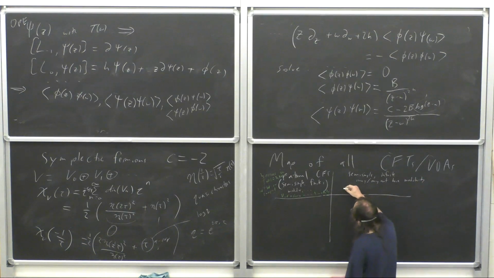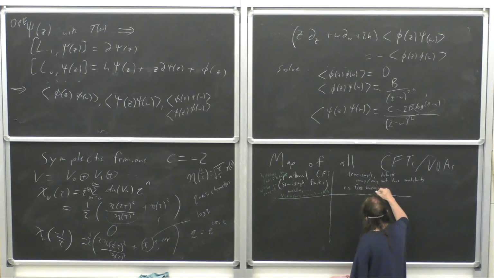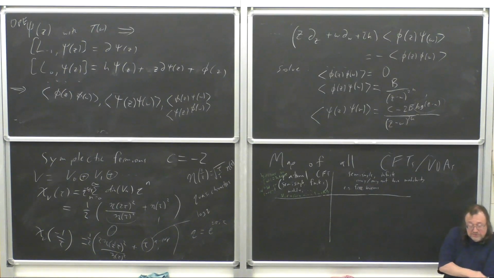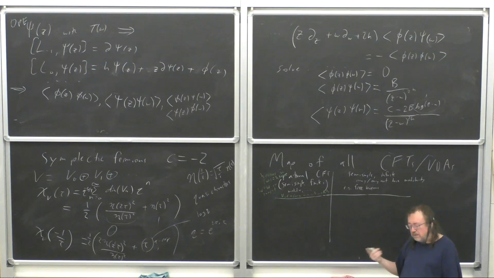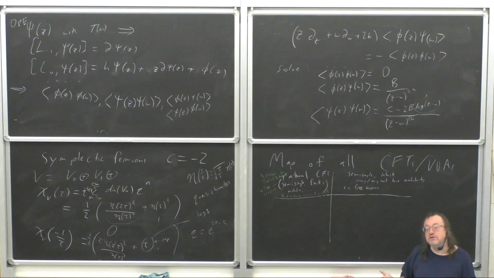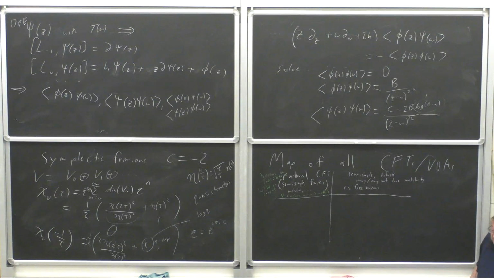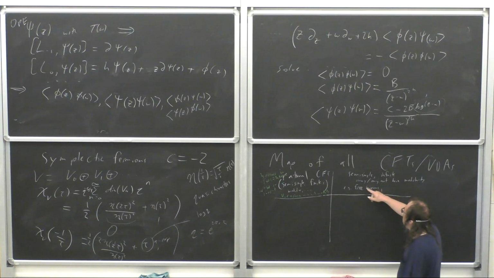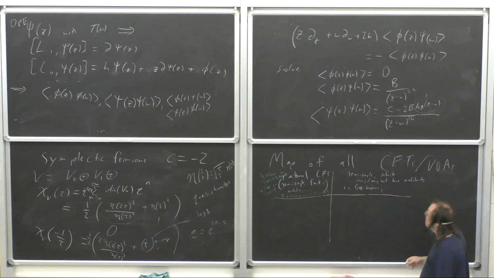So examples are free bosons. Here, as we saw, there are uncountably many simple modules, irreducible modules. They all look pretty much the same, but technically speaking, they're different. So that's a pretty boring example where you do have some sort of modularity.